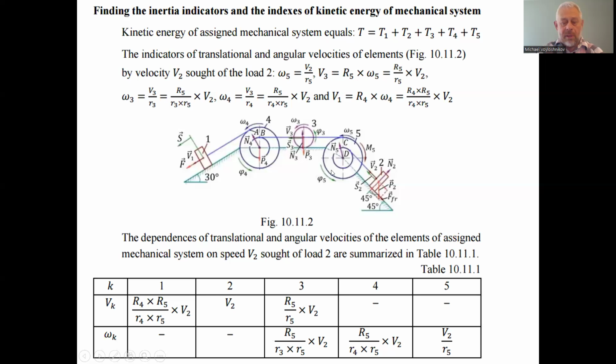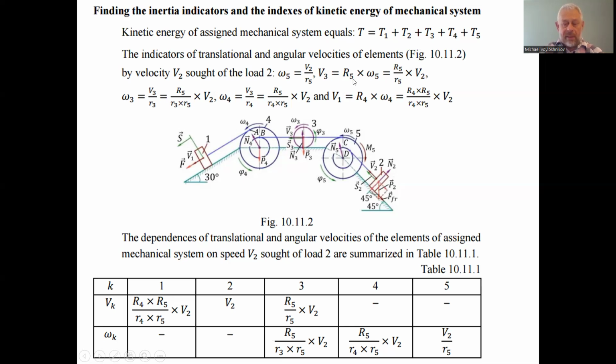So what is the velocity V3? We go gradually from right to left. V3 is the same as the translational velocity of the point C. The velocity is the angular velocity of the fifth pulley multiplied by uppercase R5, where R5 is the uppercase letter 5.